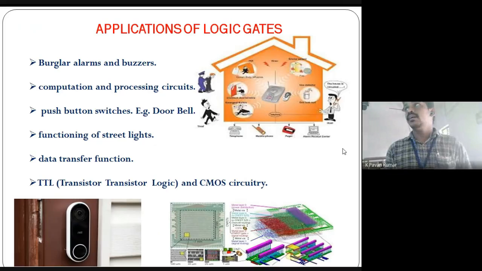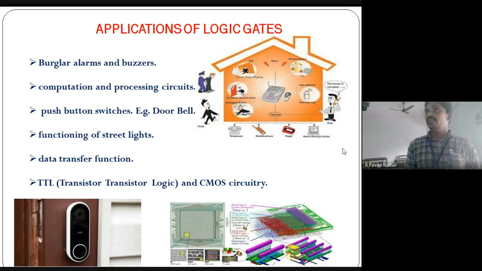These are the overall gates. Now let us discuss the applications of logic gates. Look at some points listed here. The applications of logic gates: burglar alarms and buzzers, computation and processing circuits, and push button switches, for example a doorbell.